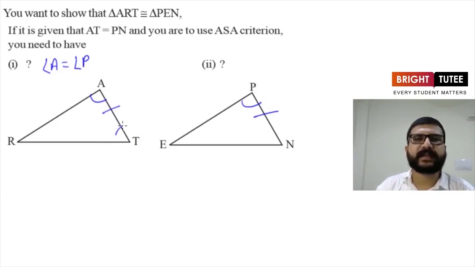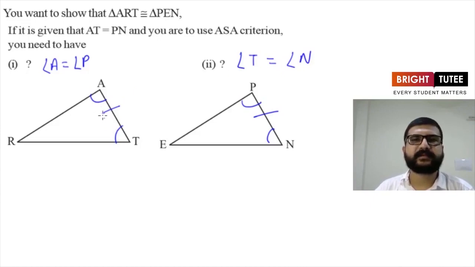And what else do we need? We need angle T should be equal to angle N. So the second thing is angle T is equal to angle N. Now see here, two angles of triangle ART and side included between these two angles are correspondingly equal to two angles of triangle PEN and side included between these two angles.